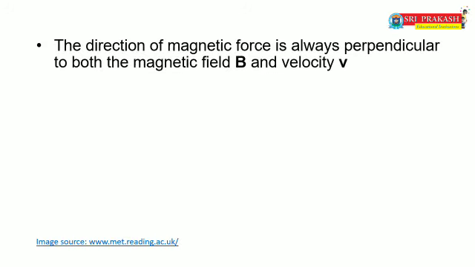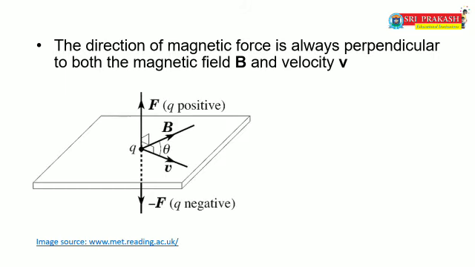Next, the direction of the magnetic force is always perpendicular to both the magnetic field and velocity. If you observe the diagram, for example, a charged particle is moving along the direction shown in the figure, and the magnetic field is also in a particular direction.